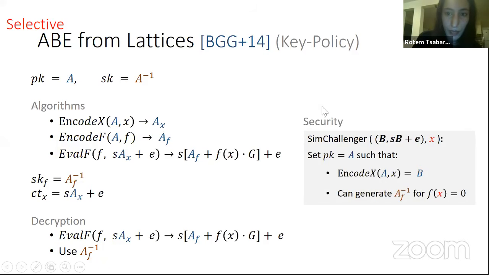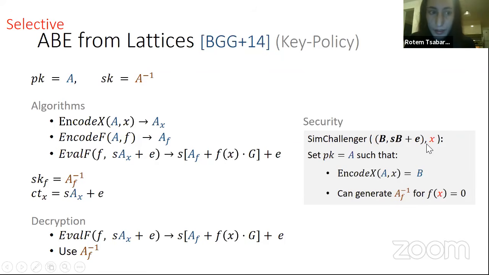So now, how does the selective security simulator work there? We get an LWE instance, which corresponds to the computationally hard problem that the simulator should show the reduction to. And in addition, because we're in the selective setting, we get this attribute X in advance. So here is the idea. We need to provide the ciphertext, an LWE instance with respect to A sub X, and we know in advance what X is going to be.